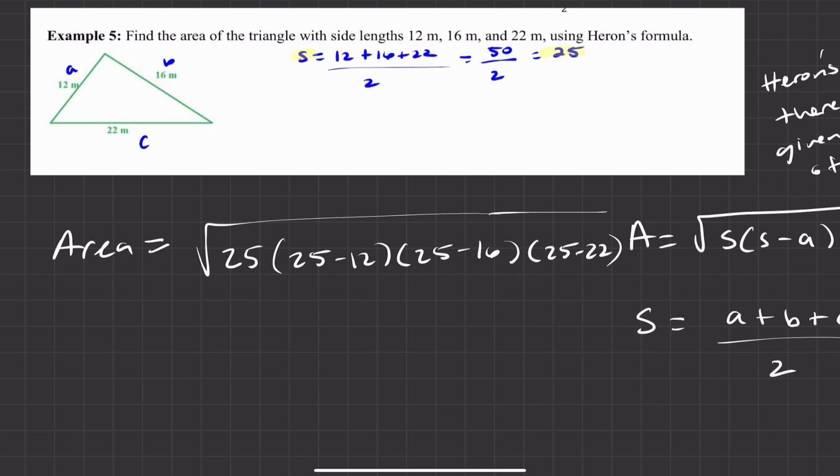I'm not going to show you, but at this stage you should know how to use your graphing calculator. You should know where the square root button is. You should know where the parentheses buttons are. So plug everything in exactly into your calculator. So you take the square root, second x squared, input 25, put parentheses around 25 minus 12, and then do the same thing for 25 minus 16 and 25 minus 22.